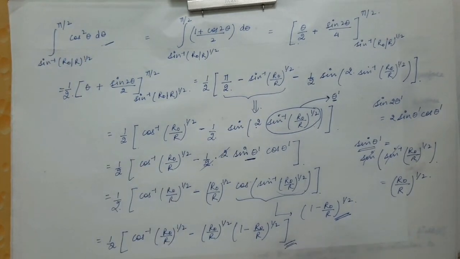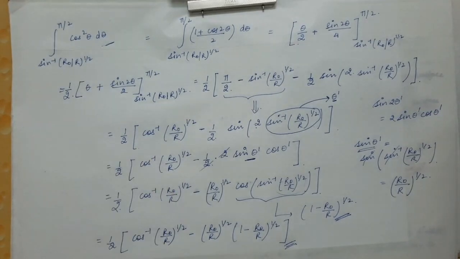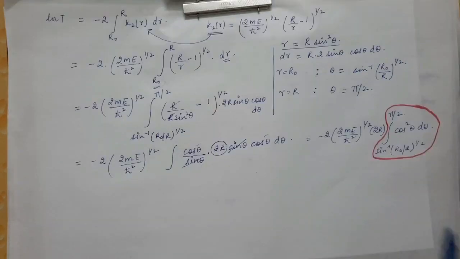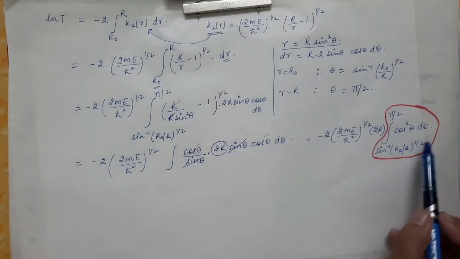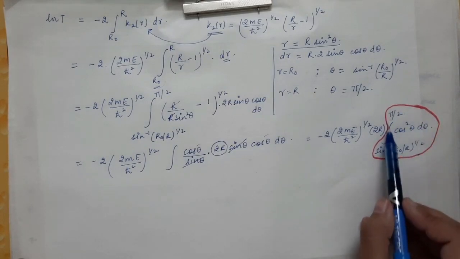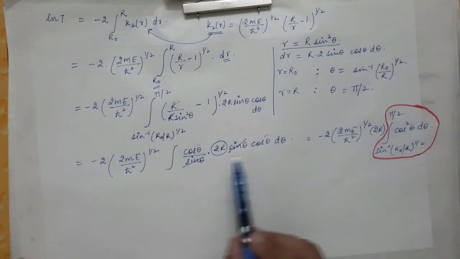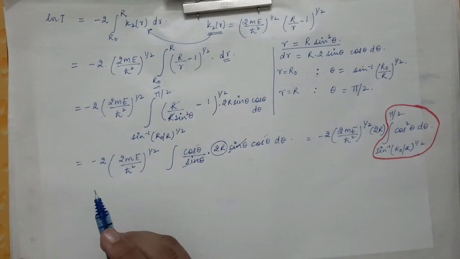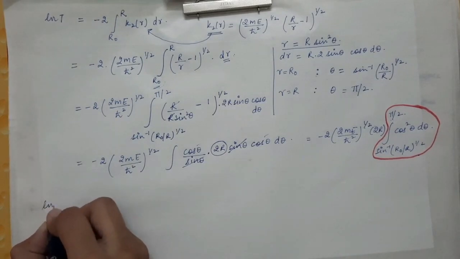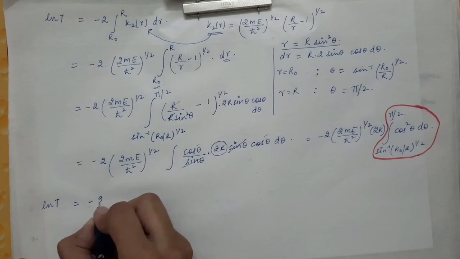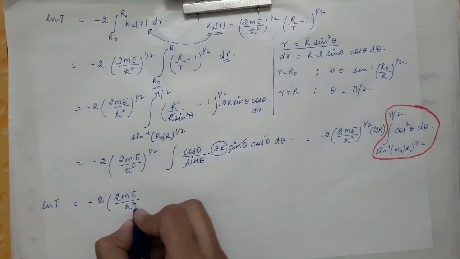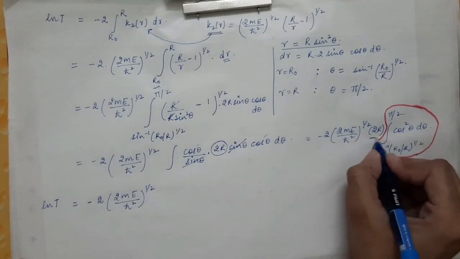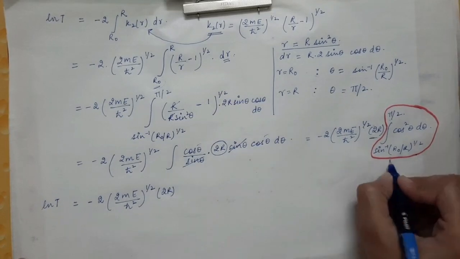So now we will put this expression of this integral in the previous equation of natural log of capital T. We have just solved this integration of cos square d theta. Now we will put the expression of this integral and find the expression of natural log of capital T. So natural log of capital T will be equal to minus 2 into 2me by h cut square power 1 by 2 into 2r into this integral.